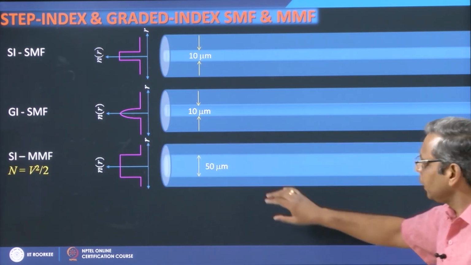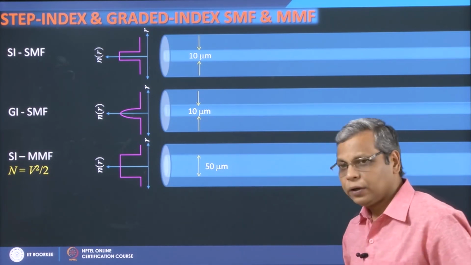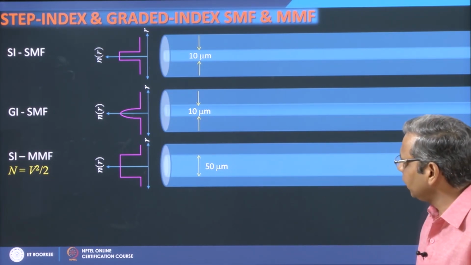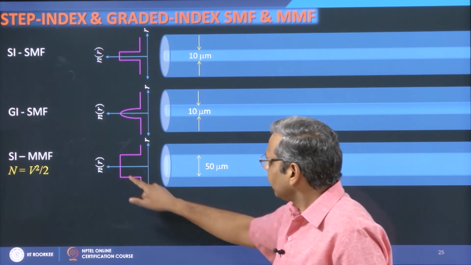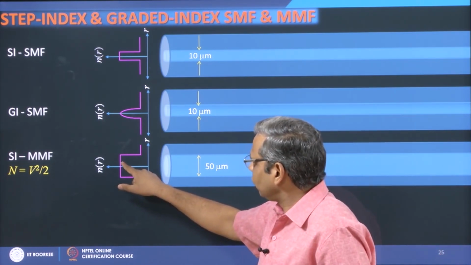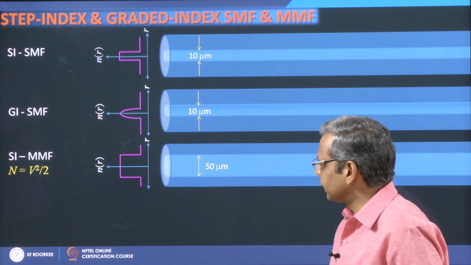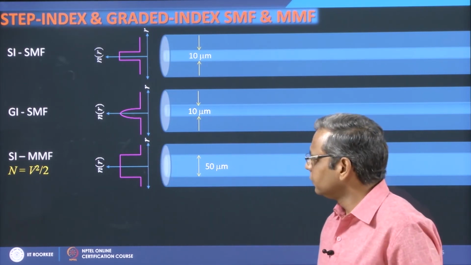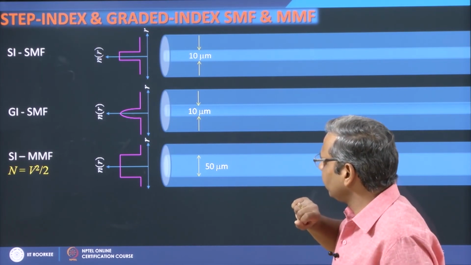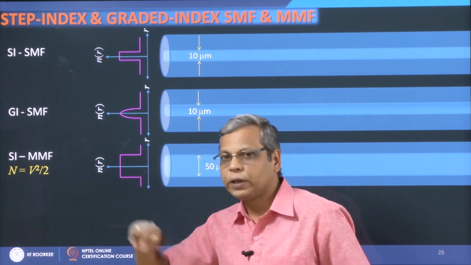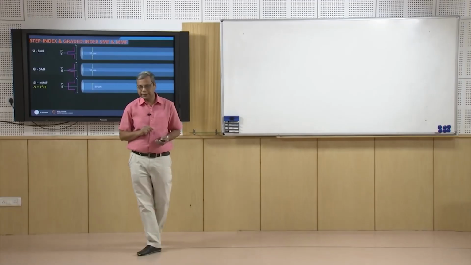If you have core dimensions of the order of 50 micron, core diameter typically 50 micron, and the refractive index in the core and in the cladding is uniform, then it is a step index multimode fiber, and the number of modes supported by this fiber can be estimated by V square by 2, where V is the normalized frequency.